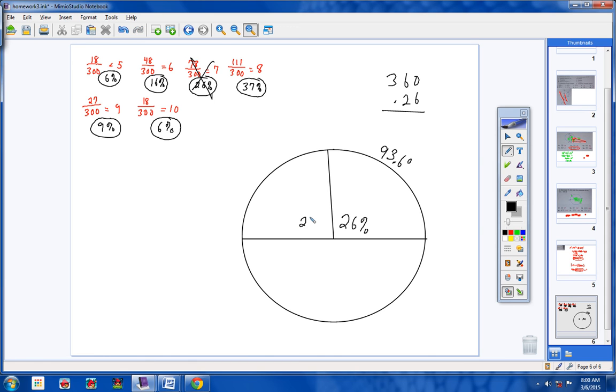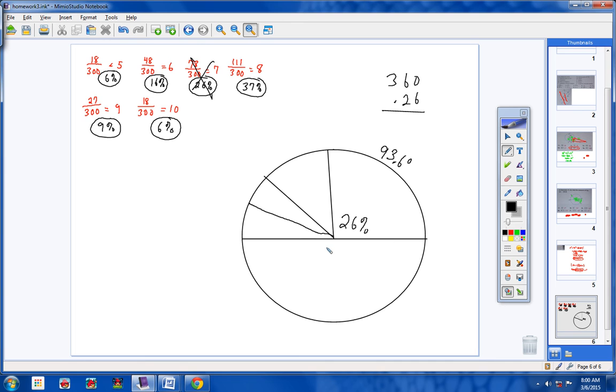This is 25%. Cuts that in half right here.